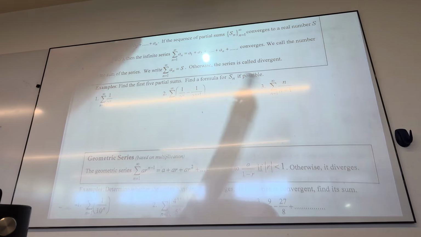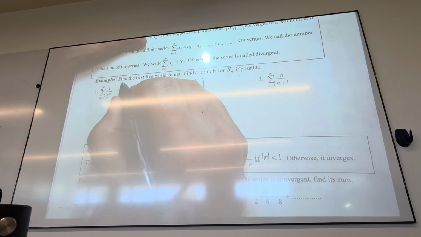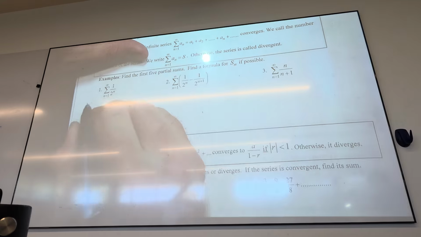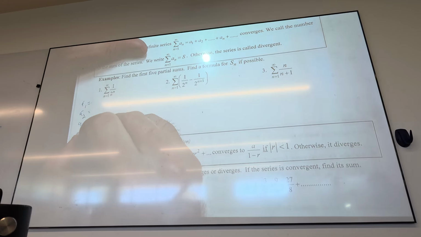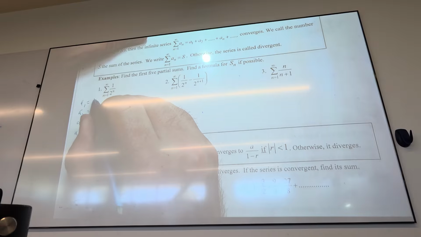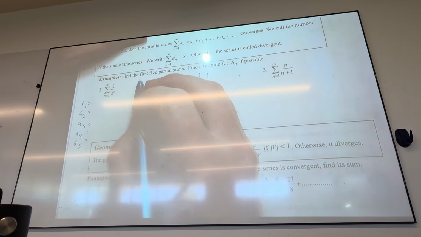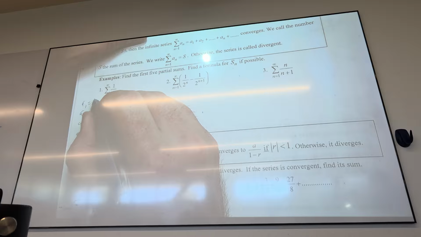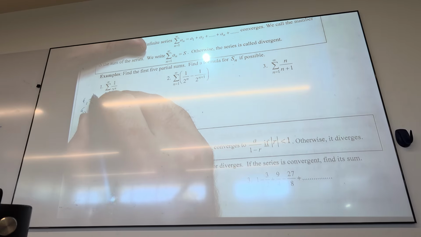So somebody did notice that this is geometric, but you don't have to notice that. So like A1, A2, A3, what did I say, 5? Of course I did. So A1 is 1/2.